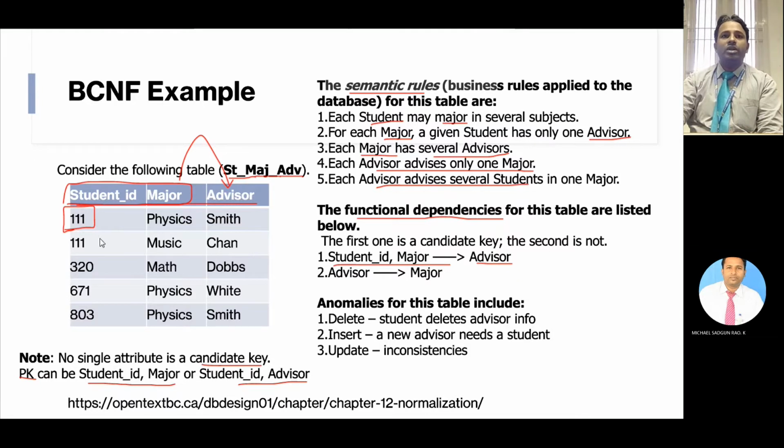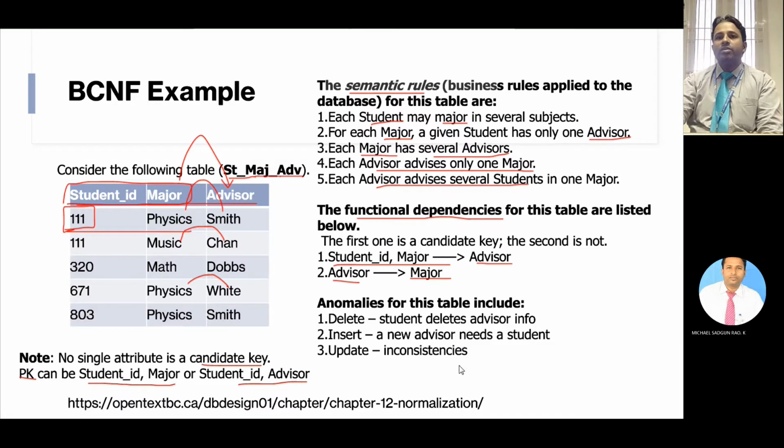So the advisor is not depending only on the student ID. The advisor depends upon student ID as well as major, and major depends upon advisor. For suppose Smith teaches physics, Chan teaches music, White teaches physics. Those are the dependencies.